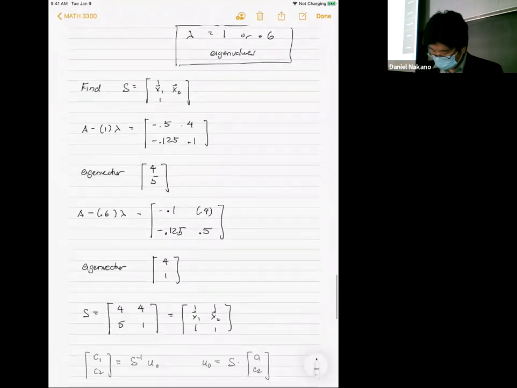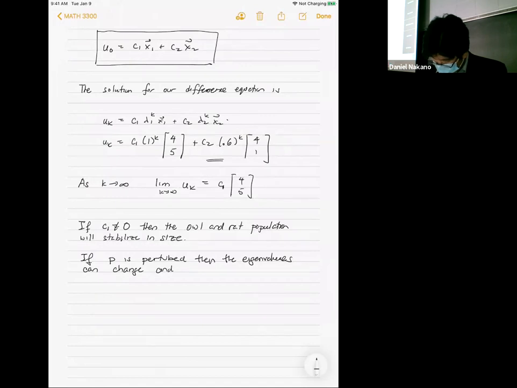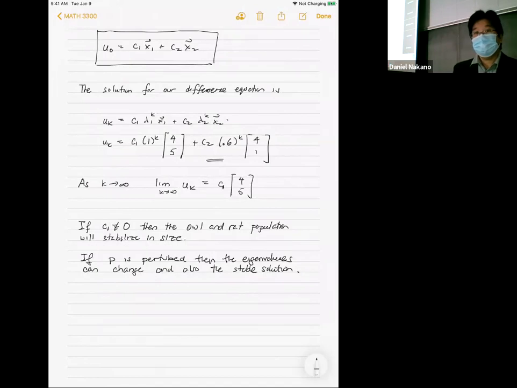So if P is perturbed, then the eigenvalues can definitely change, and also the stable solution. Okay, any questions on this so far?